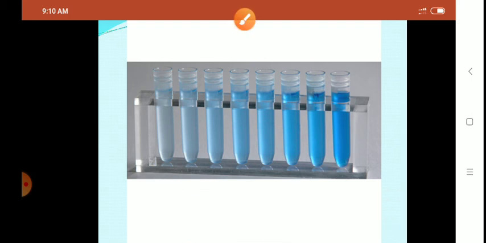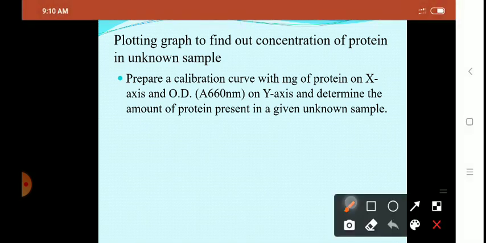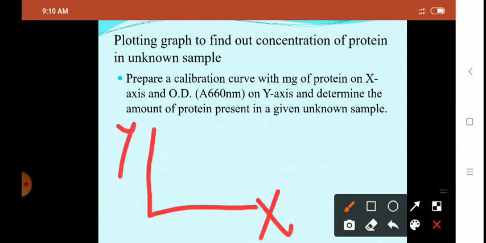Now, the concentration of protein in the unknown sample has to be found out by plotting a graph. For that, we first need a standard graph. This is the y-axis, this is the x-axis.